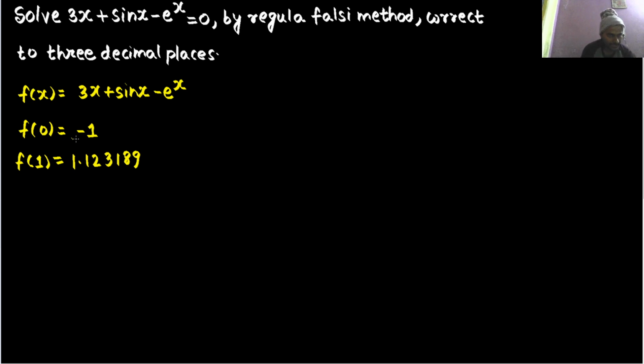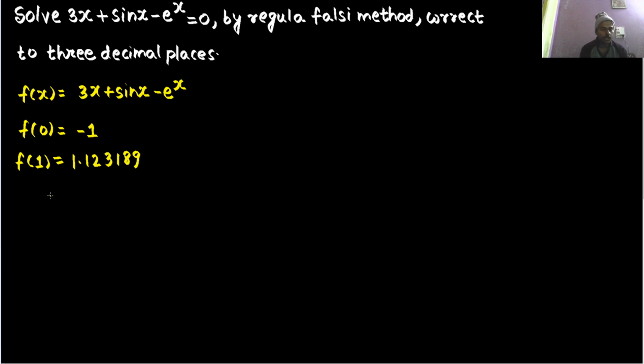Now clearly, as you can see, the value at 0 is negative, the value at 1 is positive, so the root will lie between 0 and 1. But just to reduce the number of iterations, we go nearer to the root in this initial step only rather than in iteration.